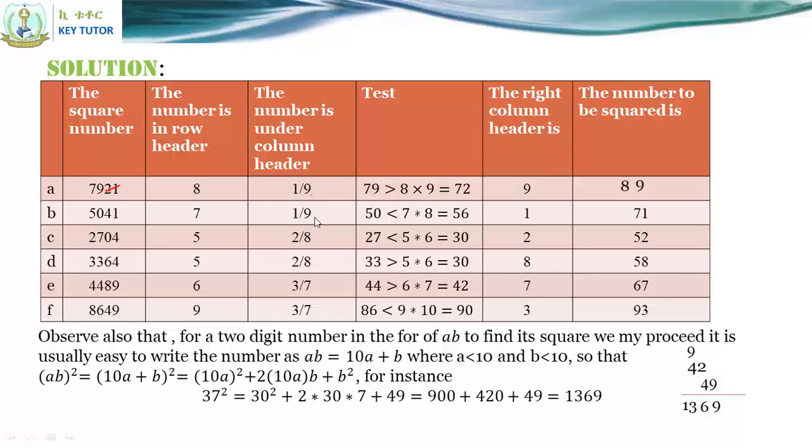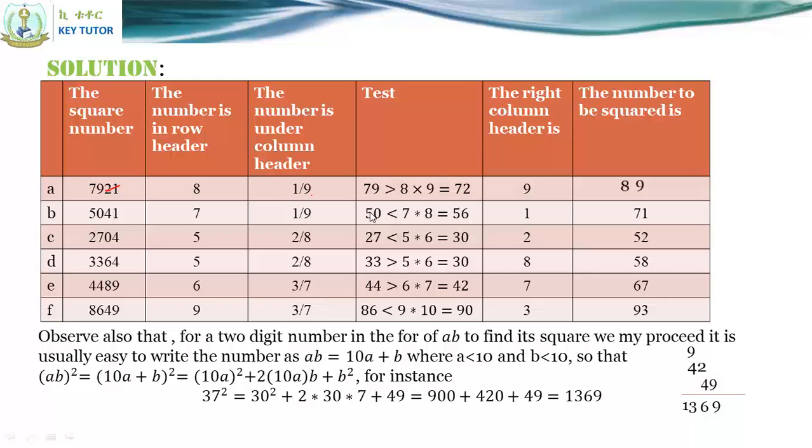To determine whether it belongs to the column of 1 or 9, we compare with 7 times 8. What is 7? The row that 50 exists in, and 8 is row plus 1. So if 50 is less than 7 times 8, which is 56, then this number 5,041 exists in the column of 1.